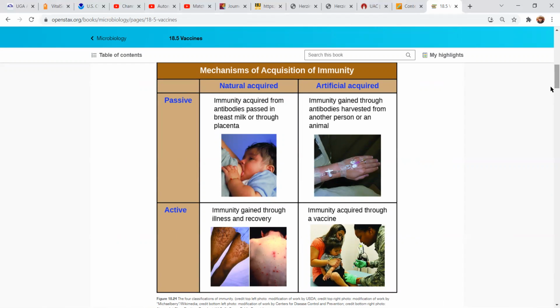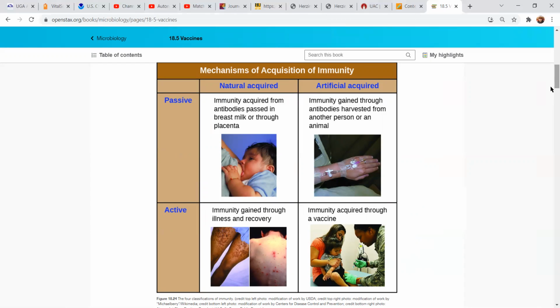So passive refers to receiving antibodies that have already formed. And active refers to your body actually producing the antibodies itself. Natural means it happens in the course of life. Artificial means that you're injected with it. So natural passive would be something like breast milk or placenta.